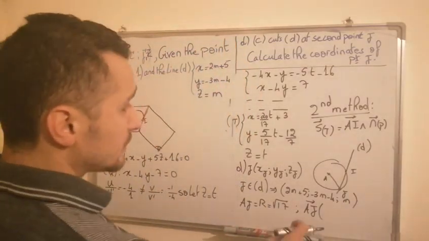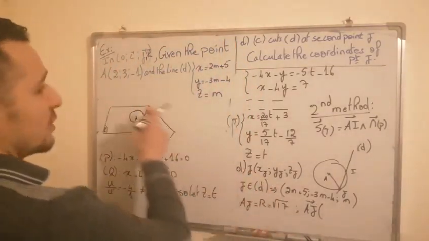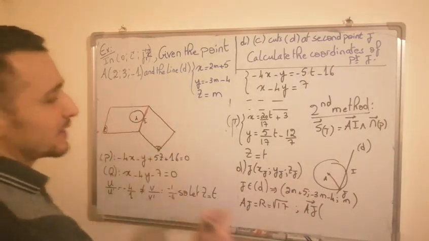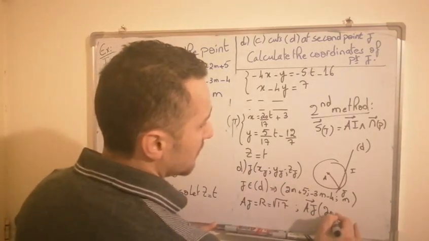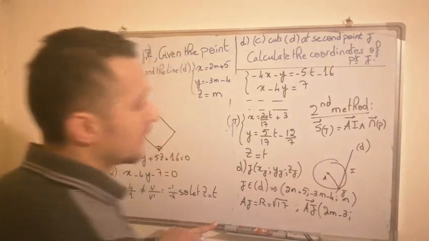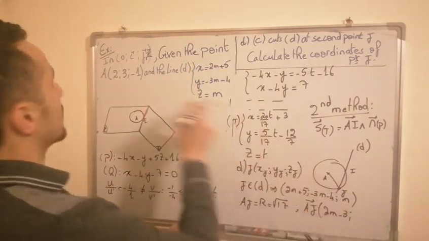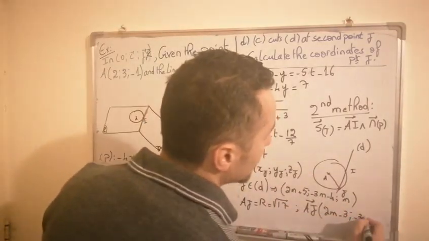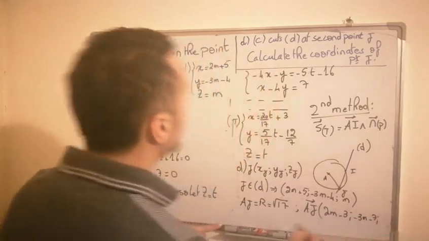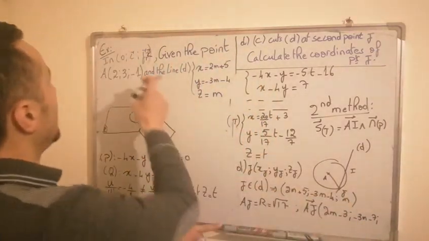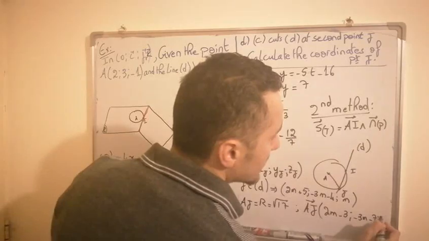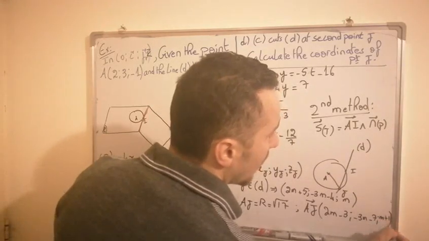XJ minus x of A: 2m plus 5 minus 2, it's 2m minus 3. Minus 3m minus 4 minus 3, it's minus 3m minus 7, and finally m minus minus 1, it's m plus 1.